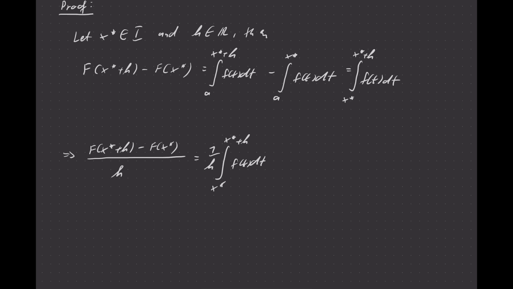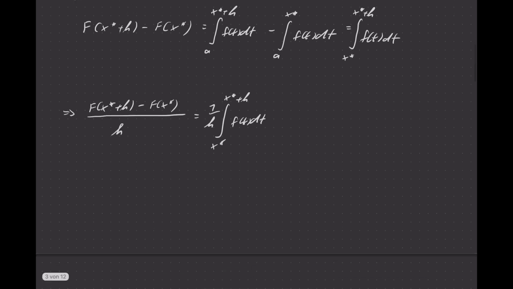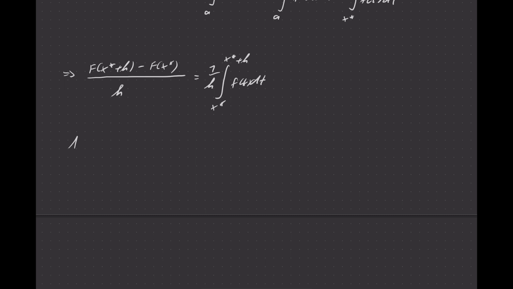Now, for that integral, we want to connect this with a value of the function f itself. And the one tool that we have for this is the mean value theorem of integration. So let's have a look at that.